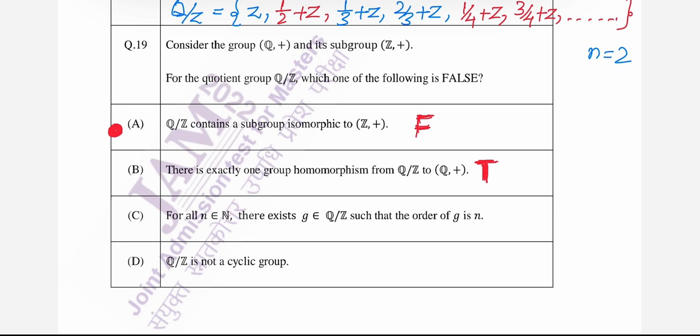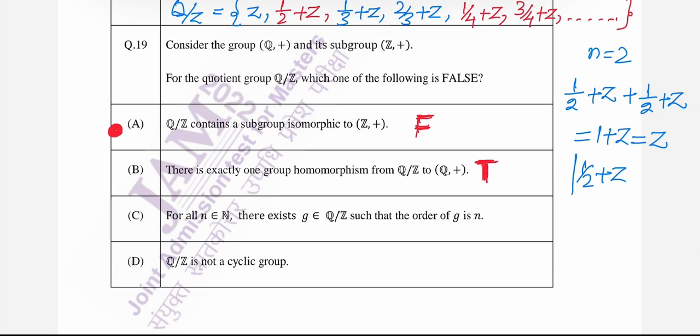That element is 1 by 2 plus Z, and you take this element 2 times, 2 times 1 by 2 plus Z, and you are adding, because addition is the group operation here. So this will be 1 plus Z, and you know 1 plus Z is Z, the identity element. It means that the order of 1 by 2 plus Z is 2. So there is a natural number 2, and also there is an element in Q by Z of order 2.